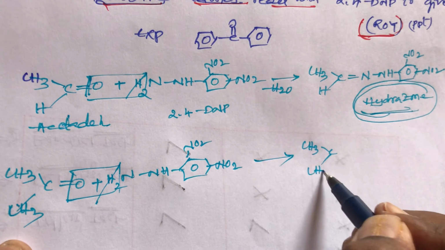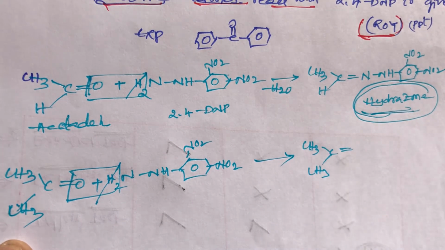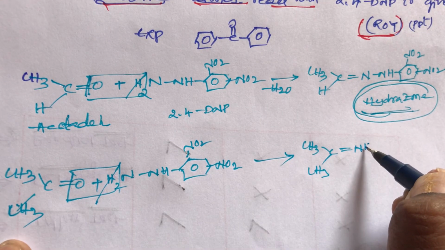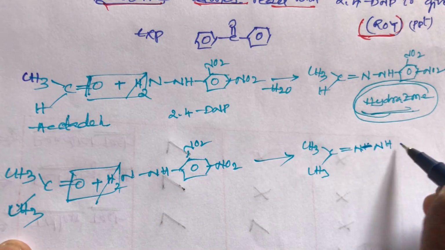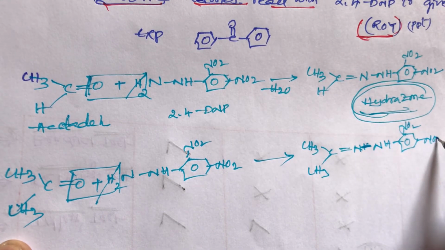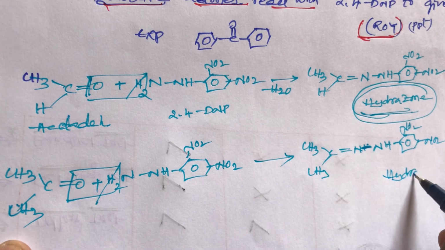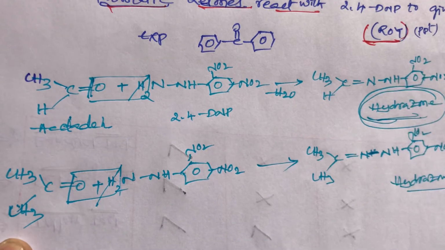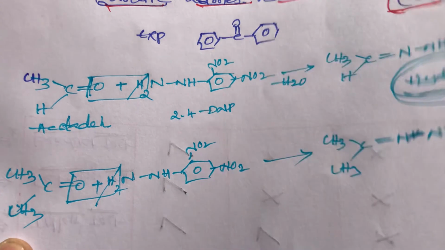We get acetone hydrazone, acetone phenylhydrazone. This is the simple trick for the 2,4-DNP test. Acetone hydrazone will be formed.